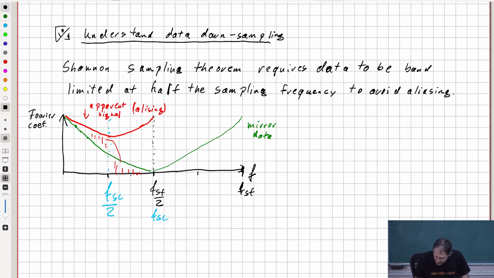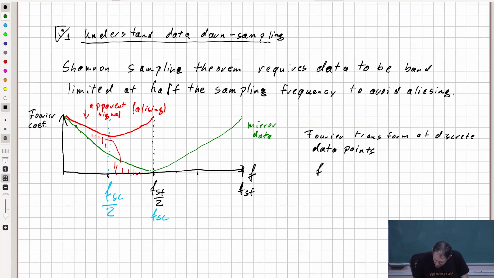So this happens. Okay, let us write this down. This is a Fourier transform of discrete data points.